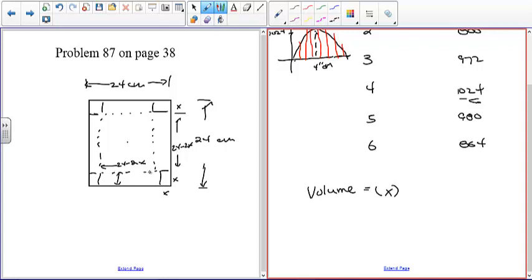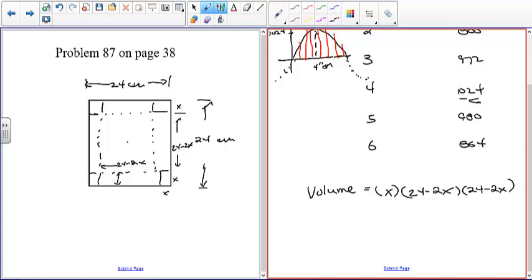So that's the width and the length, and this part's the height. So it would be x times (24 minus 2x) times (24 minus 2x). And you actually know this is a third order equation, so it goes off, but these are the only realistic values. The other ones are not valid answers.